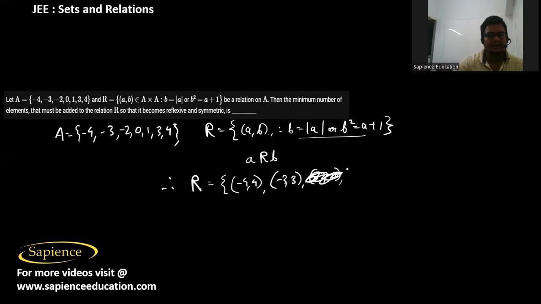Okay, so then we can take b squared equals a plus 1. So 0 plus 1 is 1 squared. So it means we can take (0, 1). 0 plus 1 is equal to 1 squared.